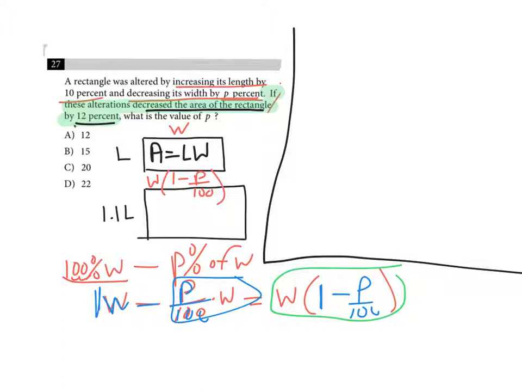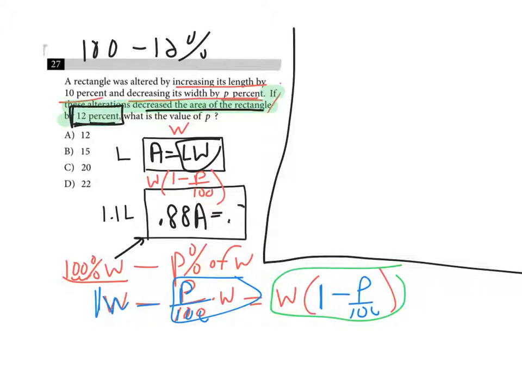So since it's decreased by 12%, the new area is going to be 88%, or 100 minus 12% of what it was. So the area of the new rectangle is going to be 0.88 of what it was. Well, the area before was just length times width, so it's going to be 0.88 times length times width.